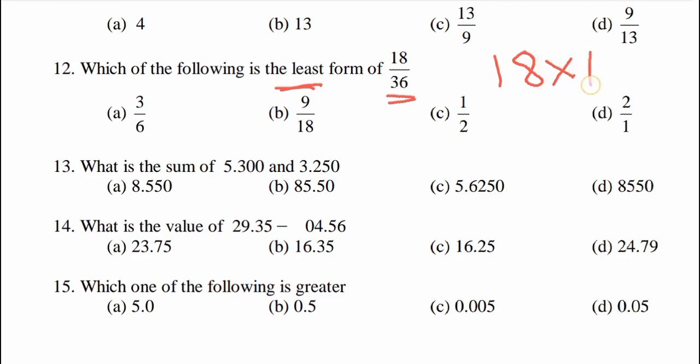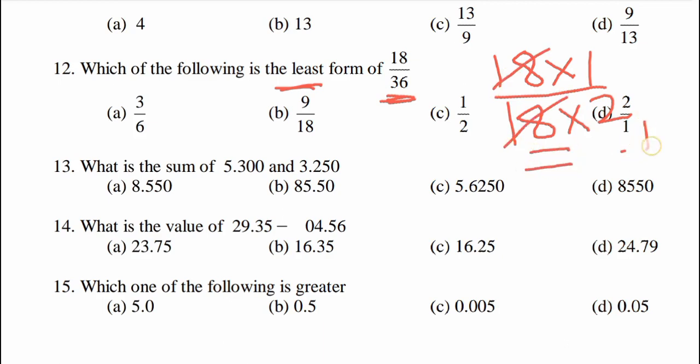We can write 18 as 18 ones are 18 and 36 as 18 twos are 36. Now we can cancel this 18, and what is remaining? It is 1/2. So the lowest form of 18 upon 36 is 1/2, and it is given in option C.